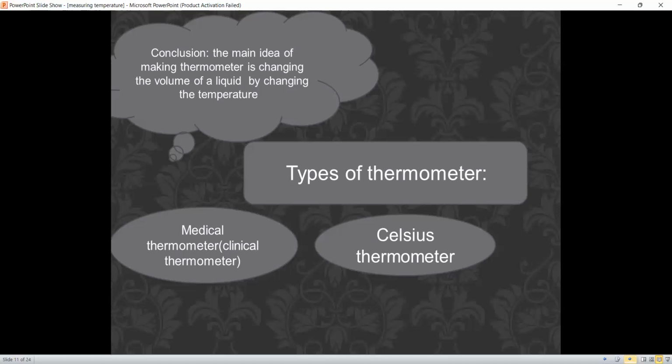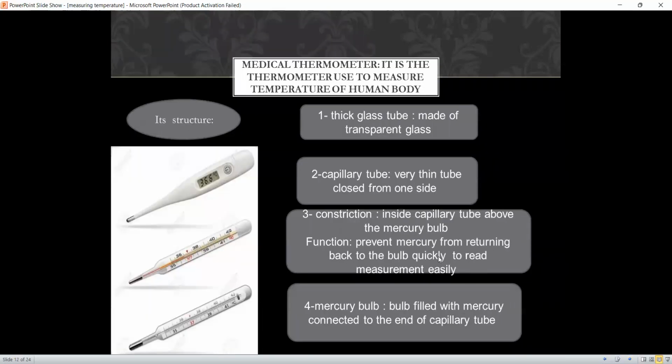And we have two types of thermometer, the medical thermometer and the Celsius thermometer. So let's start explaining the structure of the medical thermometer. One, thick glass tube made of transparent glass. Two, capillary tube. It's a very thin tube, closed from one side. Number three, constriction.